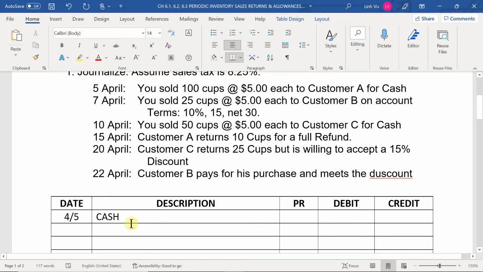Credit side, sales and sales tax. Good. Credit side, you've got sales and sales tax. So in this case, how much is my total sales? 500. How much is my tax off of this? I don't know. It's difficult.